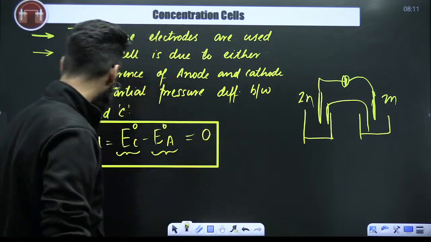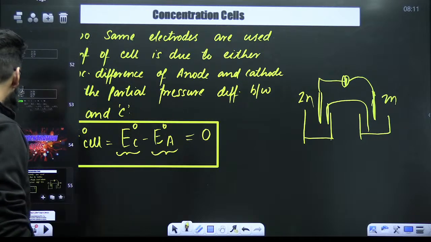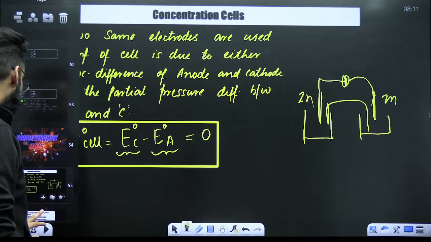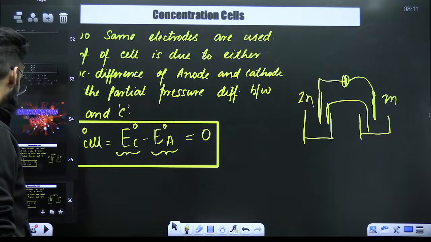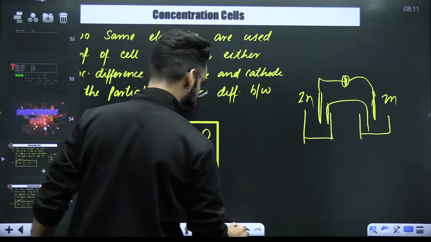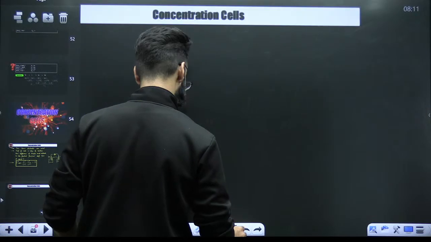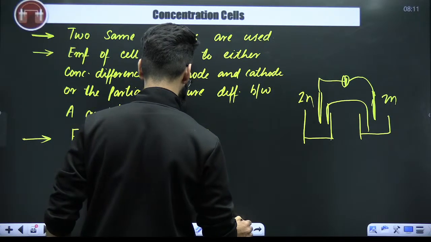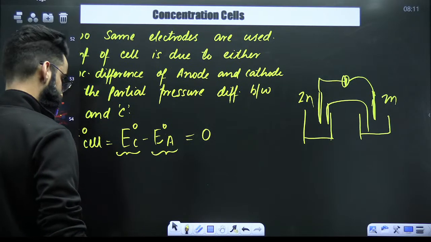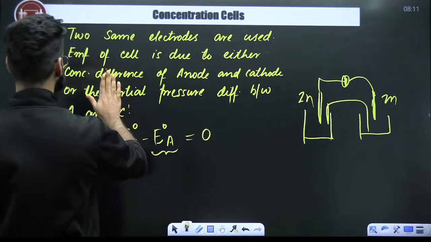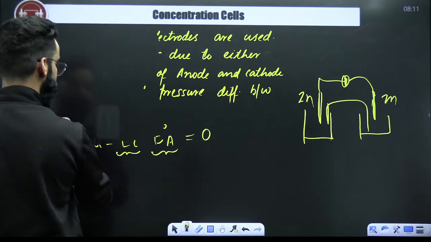Okay. Now guys, let's try to analyze this a bit more in detail. But before that, let me tell you one more point. Try to understand what exactly I'm going to say. Have a look and understand.